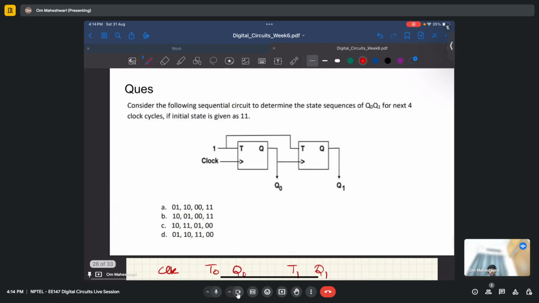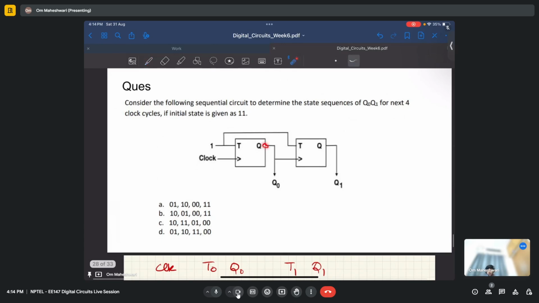So here, one interesting thing is this: let me call it T0 Q0 T1 Q1. Here the Q0 serves as the clock to T1.